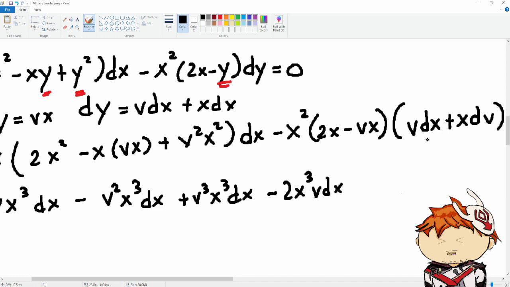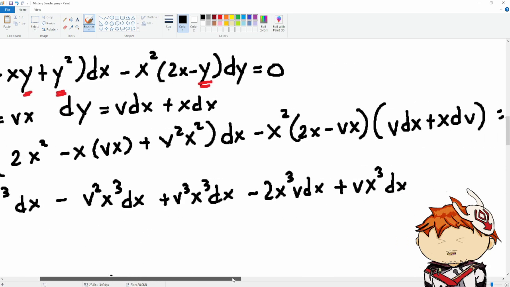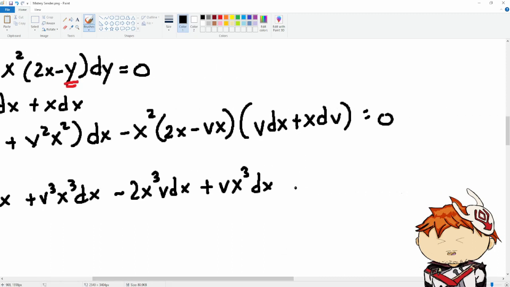I'm going to multiply dx first, right? Plus v x cubed dx. Take note, all the dx have x cubed. There seems to be a pattern in homogeneous equations, right?